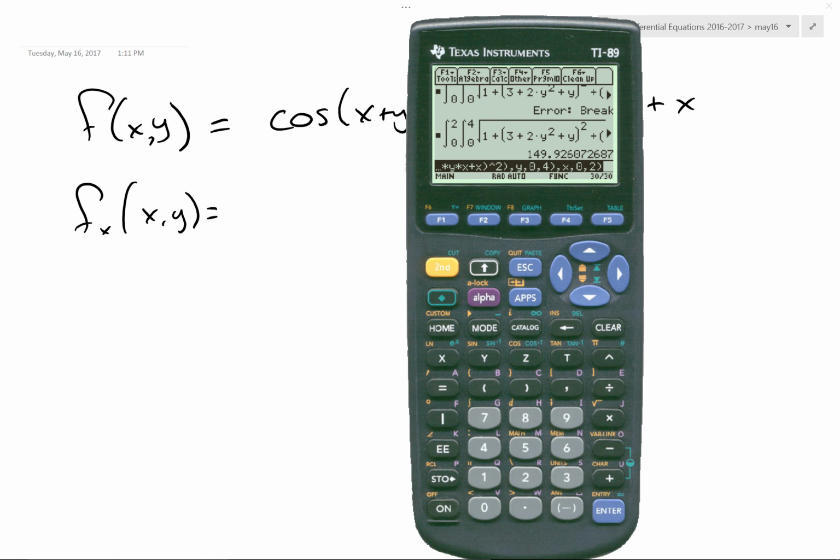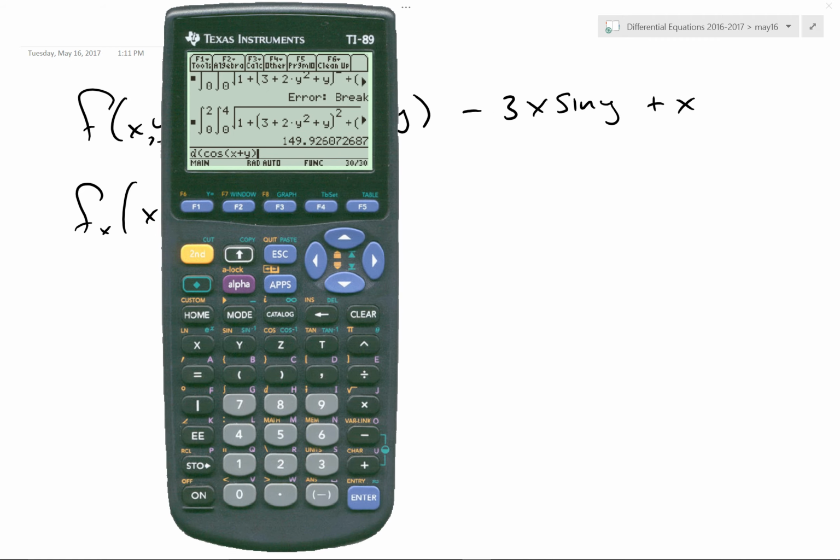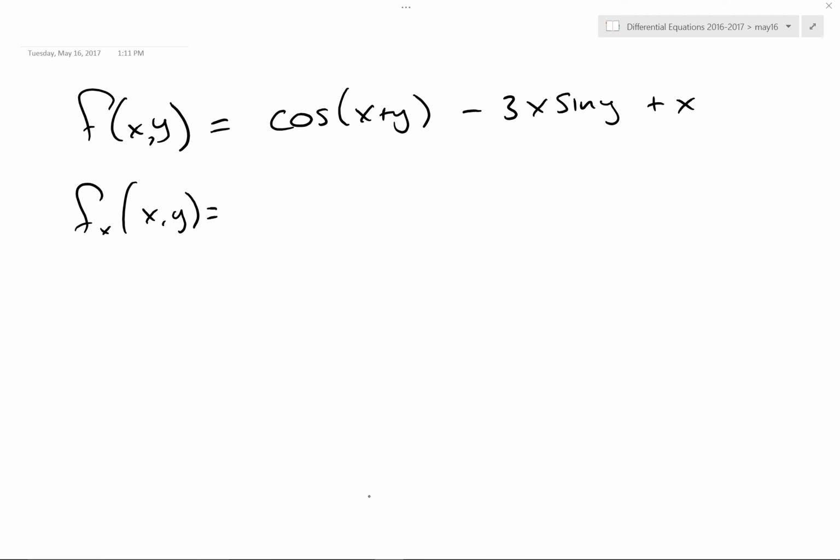So, the derivative of the cosine of x plus y minus 3x times the sine of y plus x, comma x, negative sine x plus y.